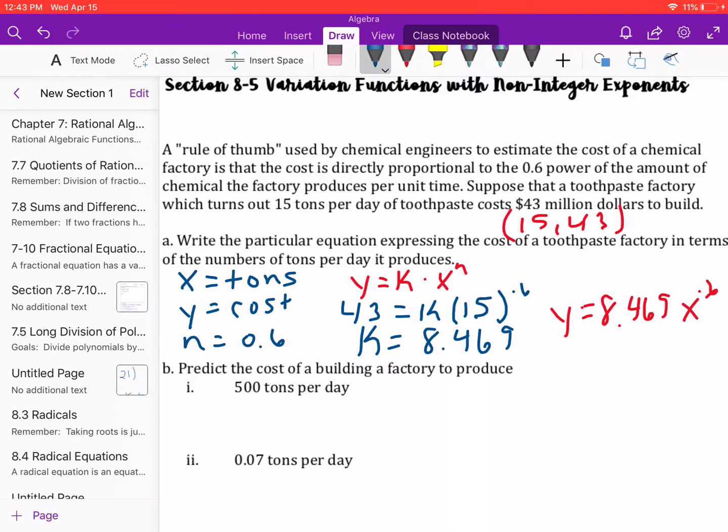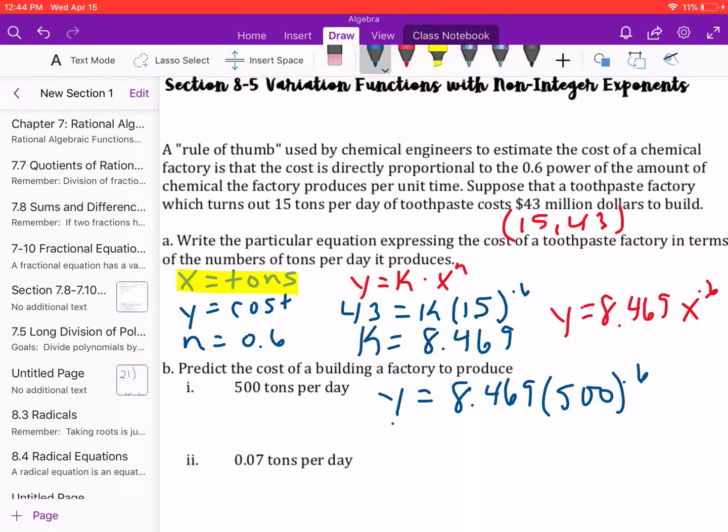And I'm given a solution of 8.469. So the answer to that problem for our k is k equals 8.469.